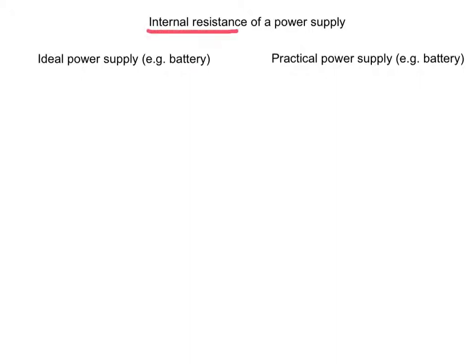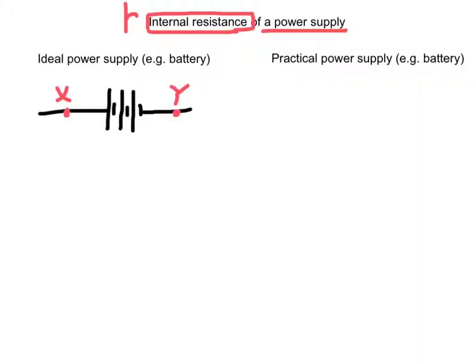Internal resistance of a power supply can be represented by the symbol with smaller letter r. For an ideal power supply, for example a battery with EMF E, the internal resistance is assumed to be 0.